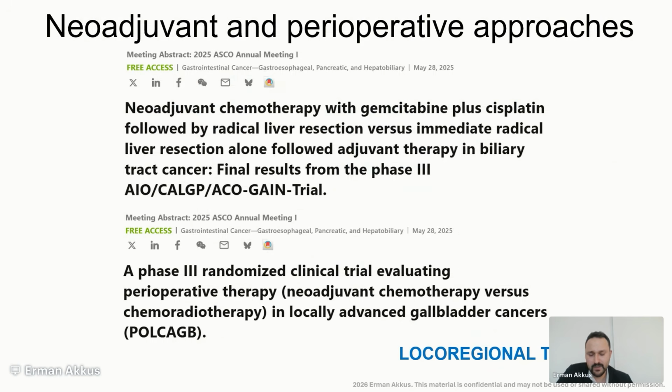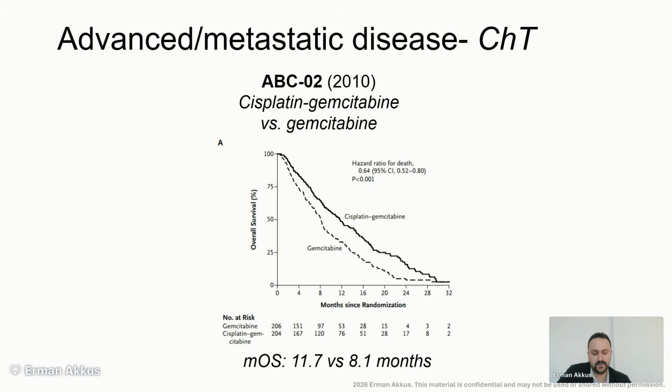So in the future, we will see a paradigm shift to perioperative treatment in resectable biliary tract cancers. On the other hand, we don't have good randomized data for local regional therapies in biliary tract cancers. So in the future, we will use these local regional therapies in practice, but more evidence-based data is needed for future treatment.